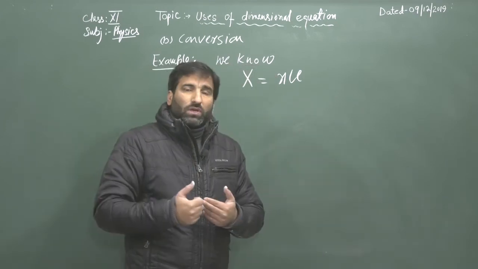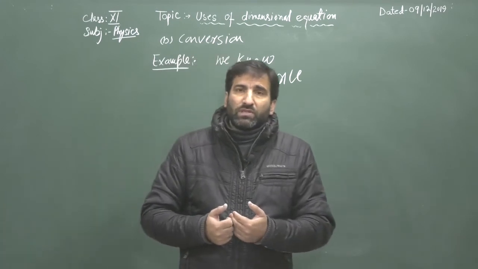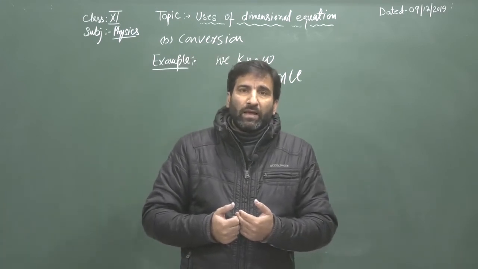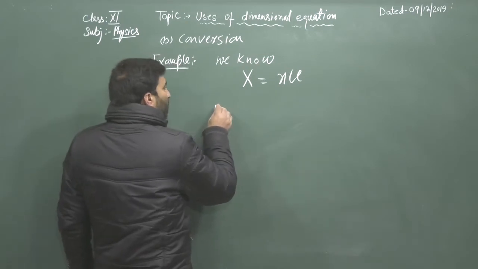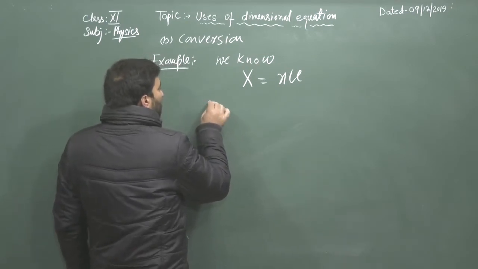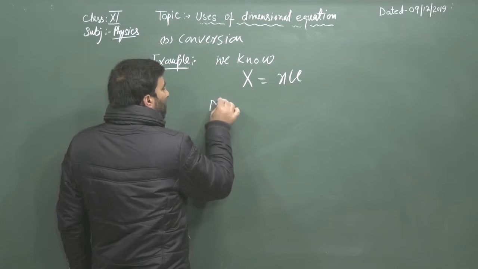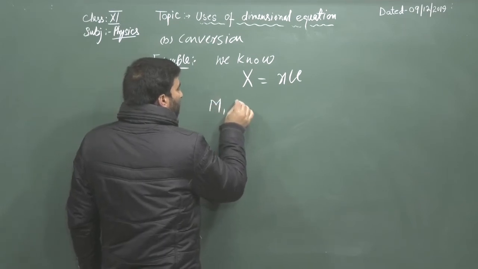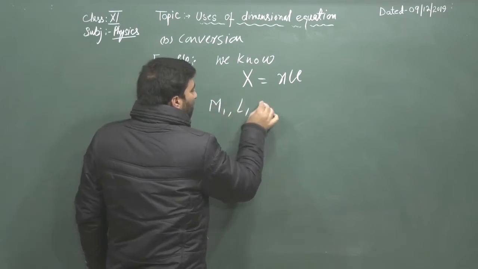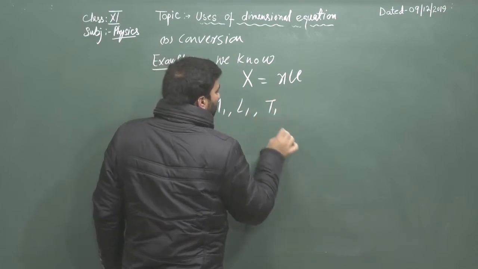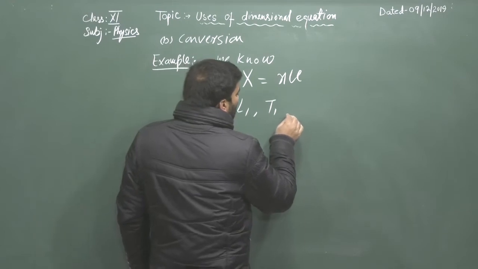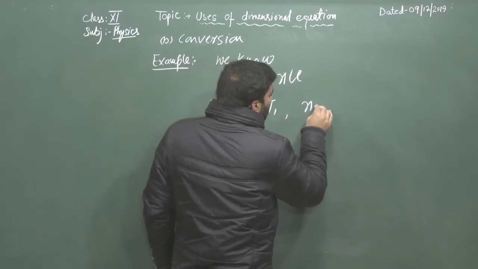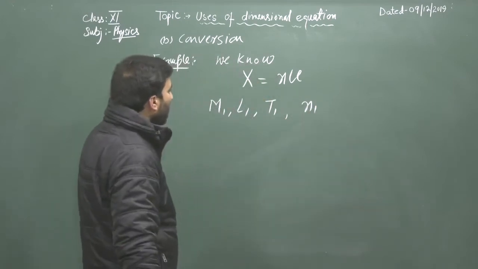Now we have two systems of units. Let one system be one whose basic physical quantities can be represented as m1, L1, T1, and its numerical value is n1.